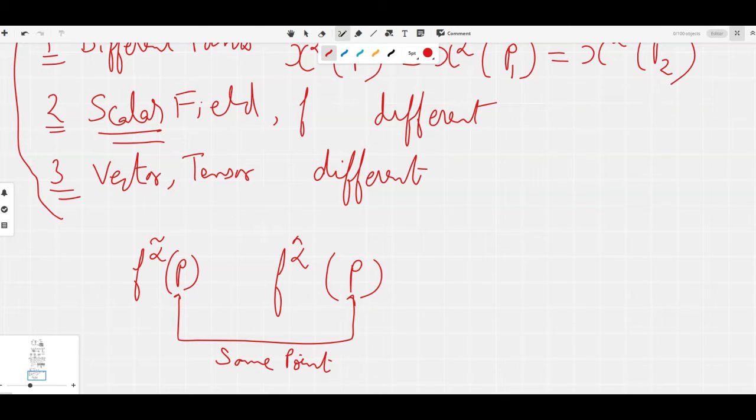How are these two related? According to what we have seen in the theory of general relativity, we can transform this f alpha from one coordinate system to another coordinate system, from gauge 1 to gauge 2. This is gauge 1 and this is gauge 2, by defining an object called transformation matrix.